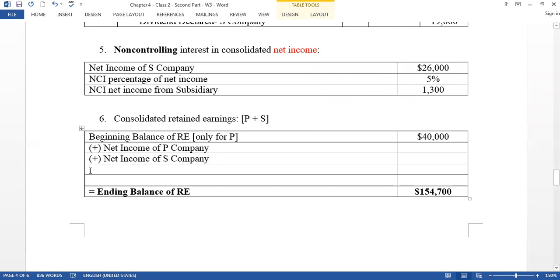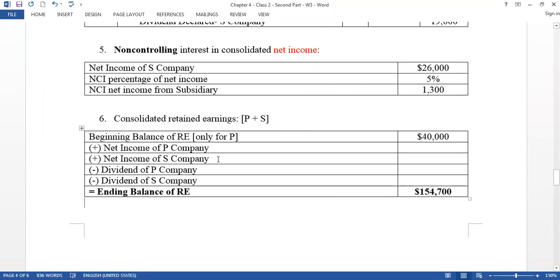Then minus dividend declared of, or you can just write, dividend of P company. Then minus dividend of S company. This is the formula, right? And the result should be this one. If your result is not this one, it means that you have made a mistake.